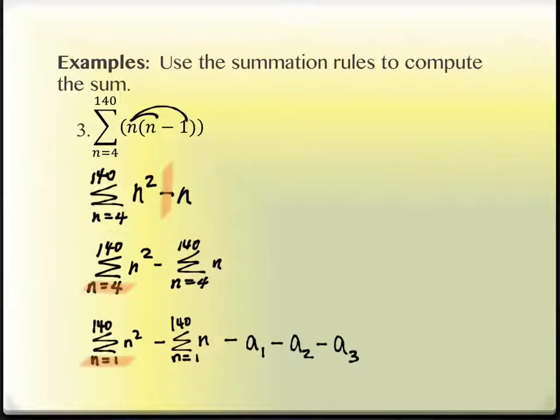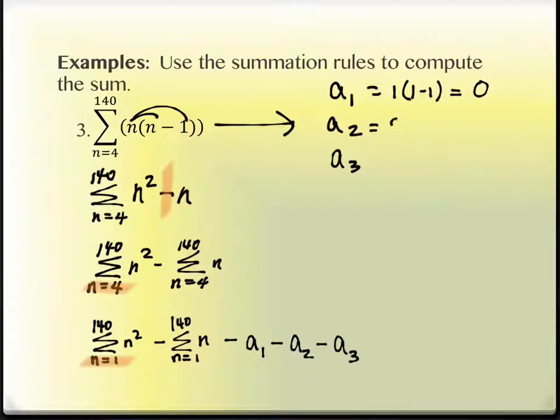Now finding a1, a2, and a3, we've done that. We did that last time. We take this original expression and we evaluate it at 1, at 2, and at 3. So we can even leave it in that factored form if you wish. This is saying I'm going to multiply 1 times 1 minus 1. Well, that's 0. I'm going to multiply 2 times 2 minus 1.